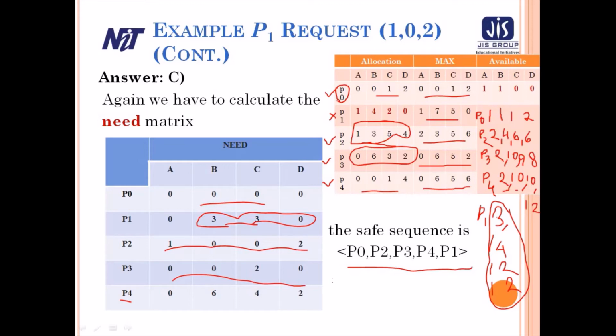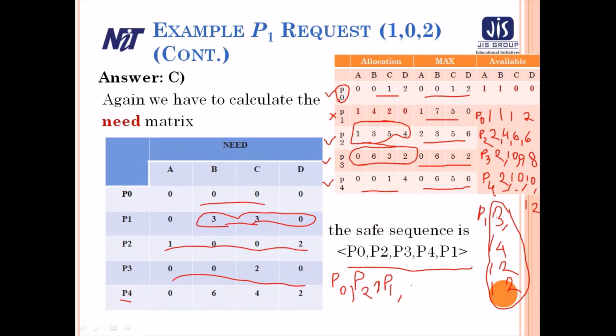If we execute P0, then P2, we get 2466, and P1's need is 0330, so here we can give the request to P1 also.